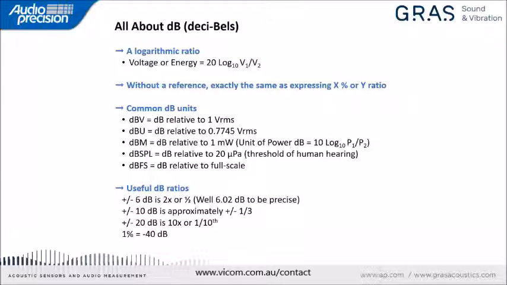Plus or minus 10 dB is approximately plus or minus a third. And plus or minus 20 dB is 10 times or 1/10. Now these are for energy units, so dB volts: 6 dBV is 2 volts RMS. For watts, every 3 dB doubles, again because of that extra squaring function in V squared over R.